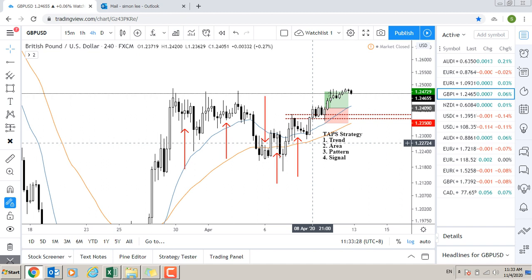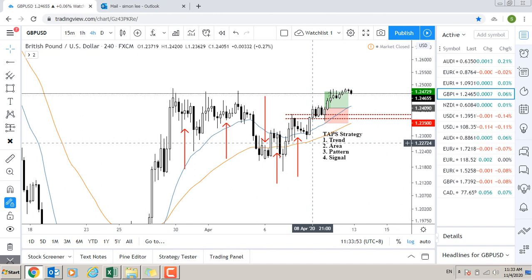Error is also the same, but the most difficult thing for me, from my experience, is that you wouldn't know whether the horizontal level will be more effective, or the EMA support, or the trend line.